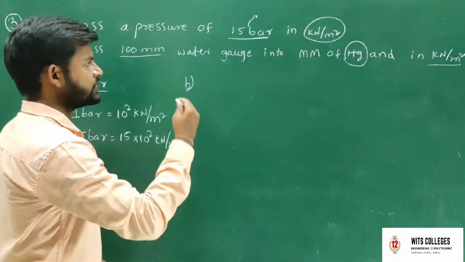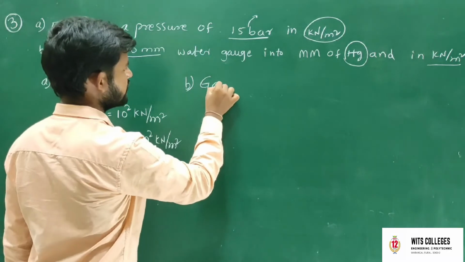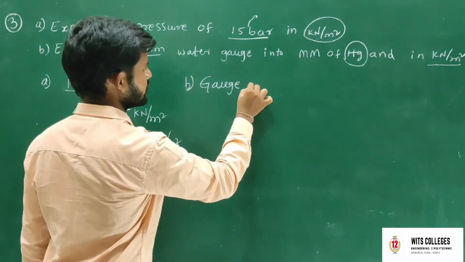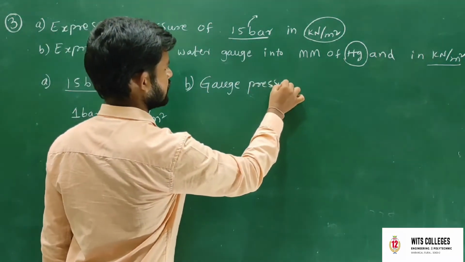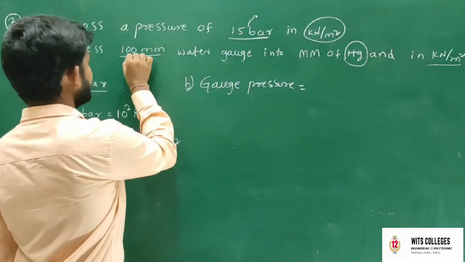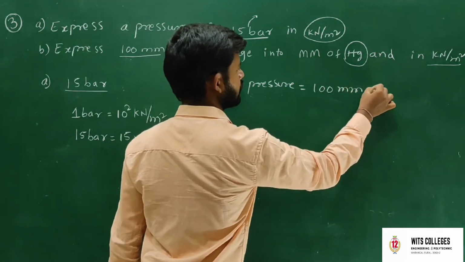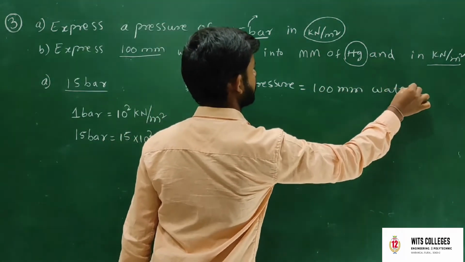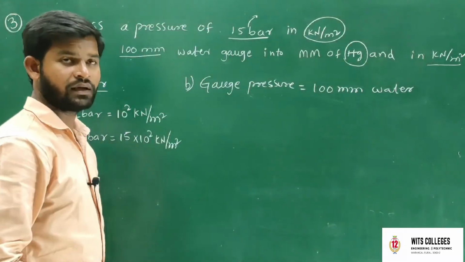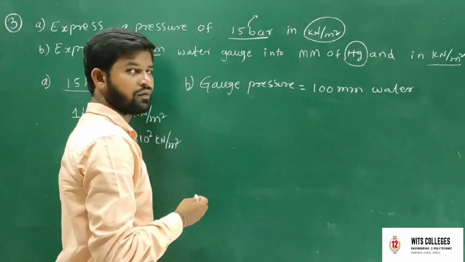Generally it will be given as gauge pressure, which is given as 100 mm of water. This 100 mm of water will be converted into mm of Hg.